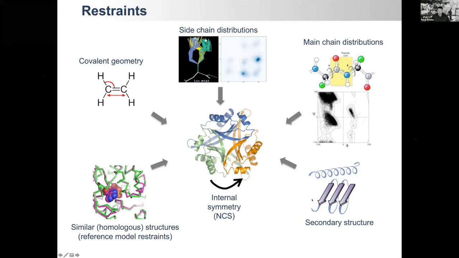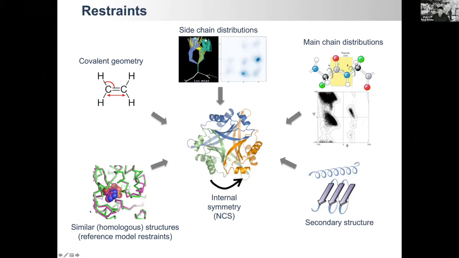We know about protein secondary structure. That's also a very strong source of information that can be used in refinement. Internal symmetry, which we refer to as non-crystallographic symmetry, NCS. Your molecule may have similar copies, identical copies, and that information can also be exploited in refinement.